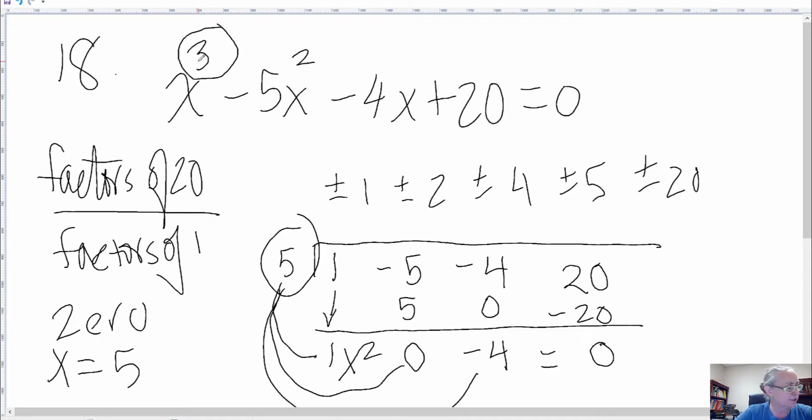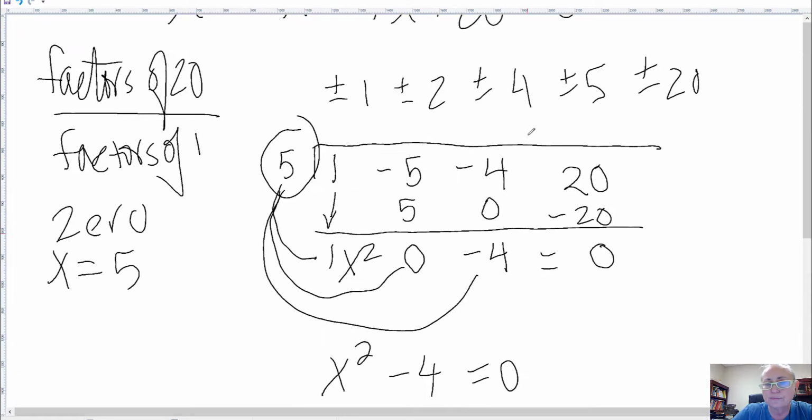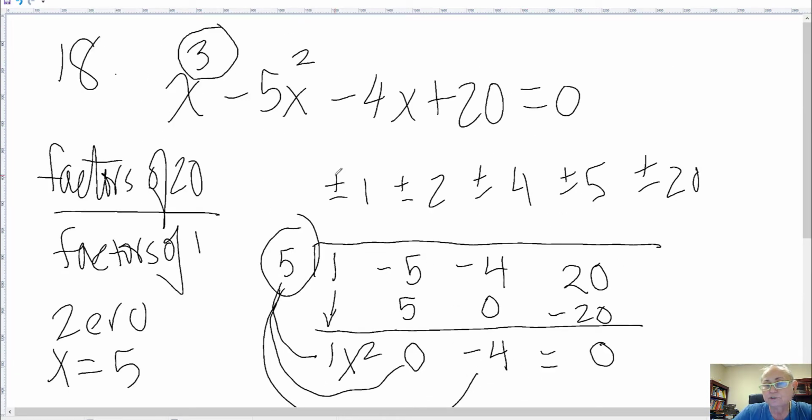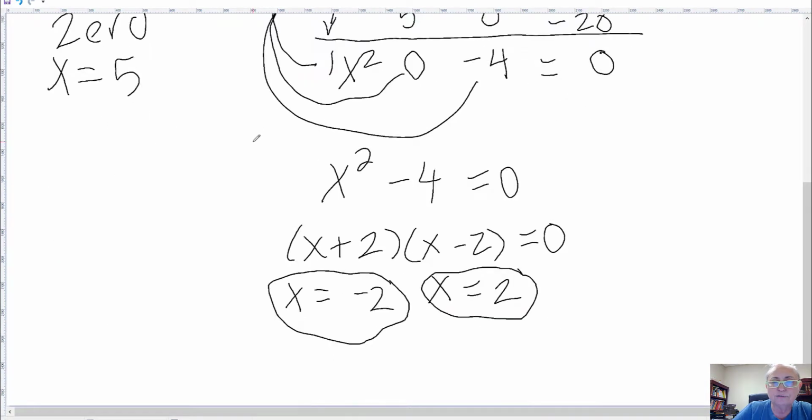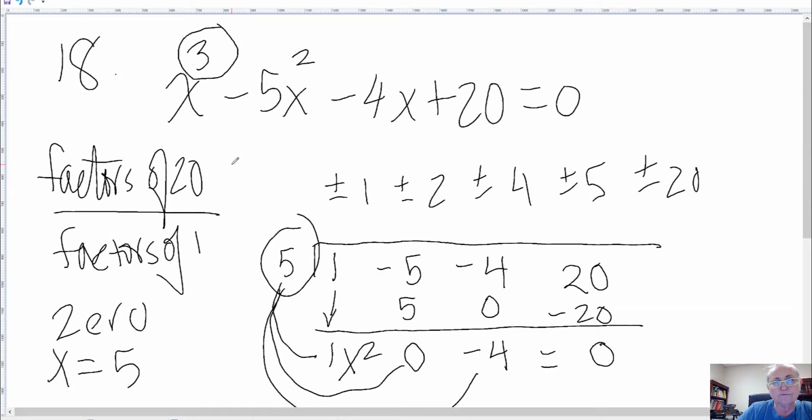Now, on this particular problem, they do not require us to graph it, but I want us to graph it because you'll need to do that on the test. So we're going to graph the related function, which is, let me write my zeros up here: 5, negative 2, and 2. Right?